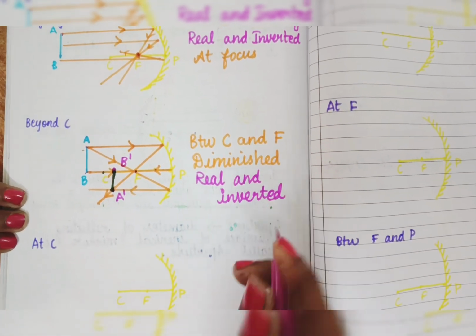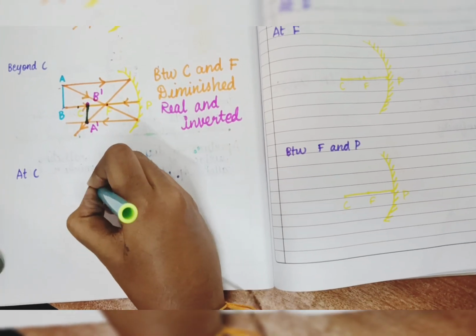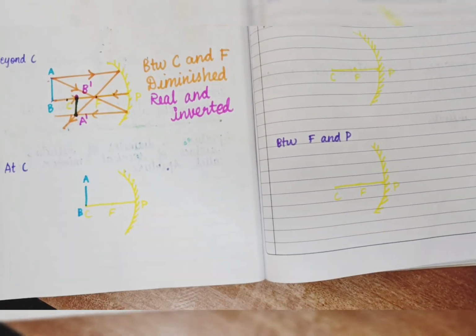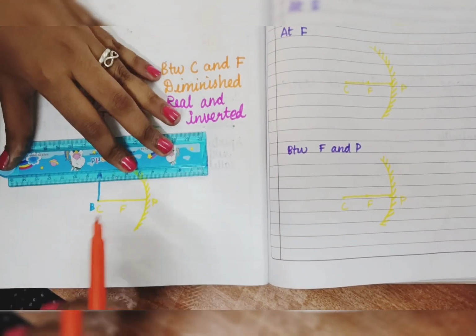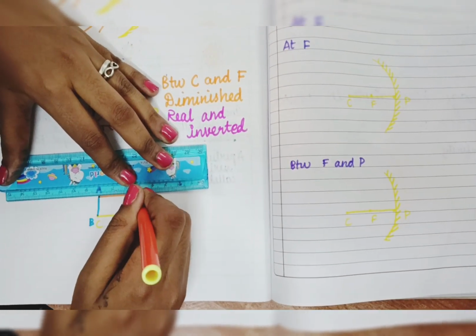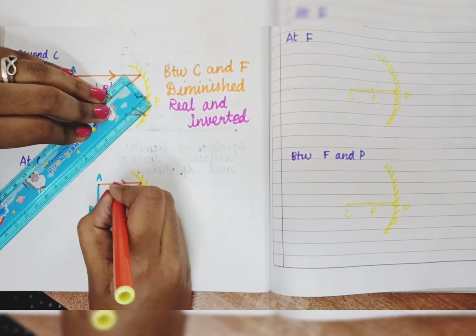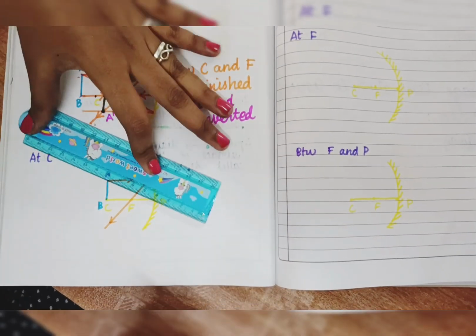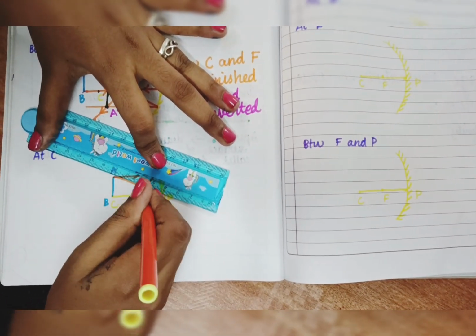Now let's keep the object at curvature and name it as A and B. When the object is at curvature, a parallel incident ray, another ray is passing through the pole.